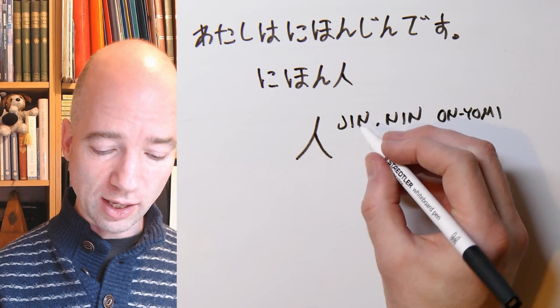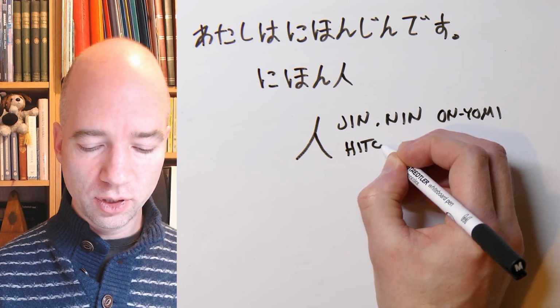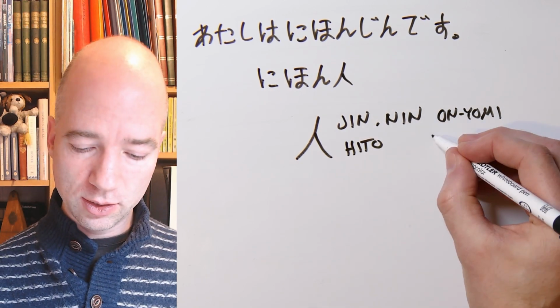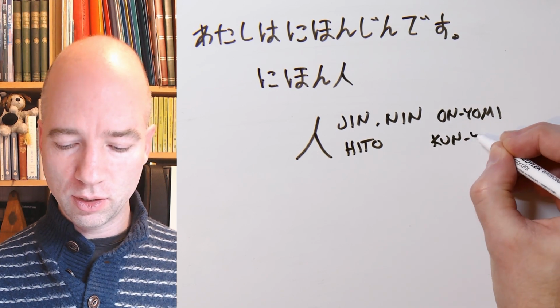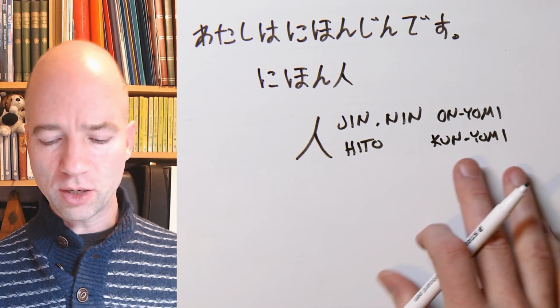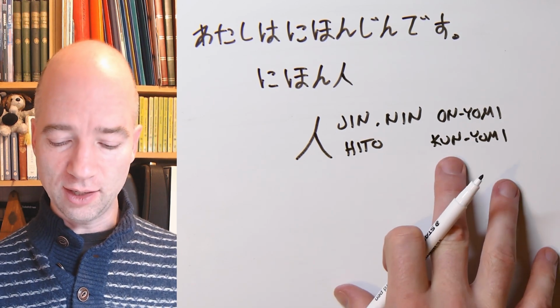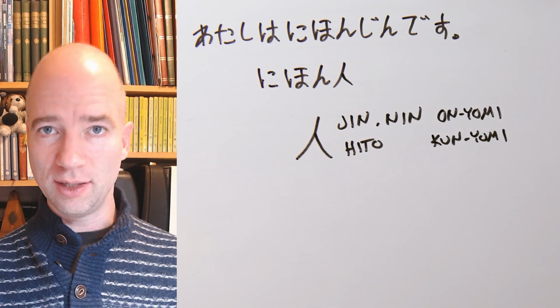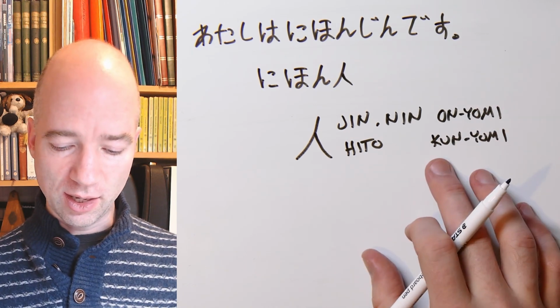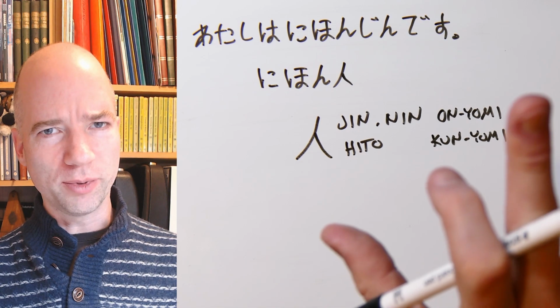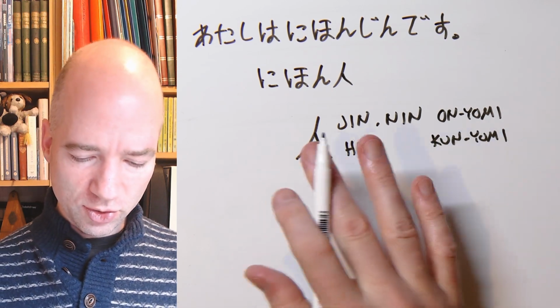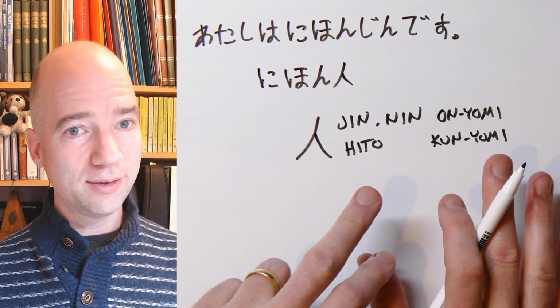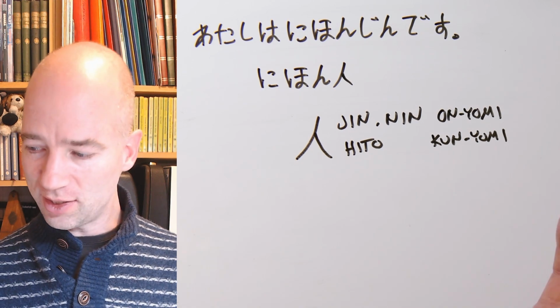And then we have hito, which is the kun'yomi. I can't remember what kun means exactly in this case, but it's the reading that is the Japanese. I think it means meaning reading, possibly. I'm not sure entirely. So jin, nin, and hito. And from today's lesson, we have hito.